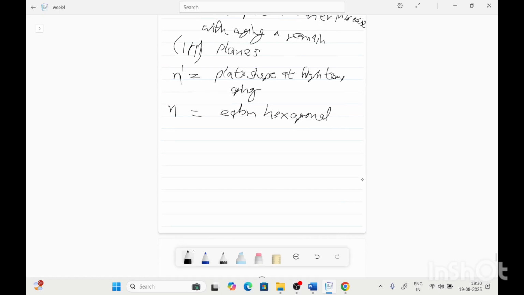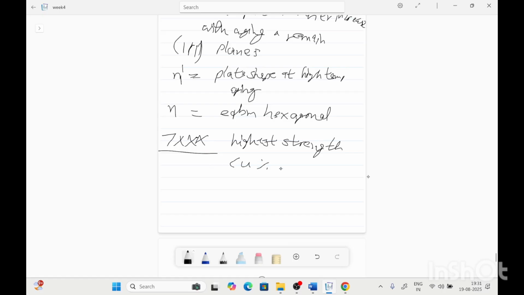So the 7X series alloys are the highest strength alloys in the aluminum series, and the strength can also be increased with addition of copper.